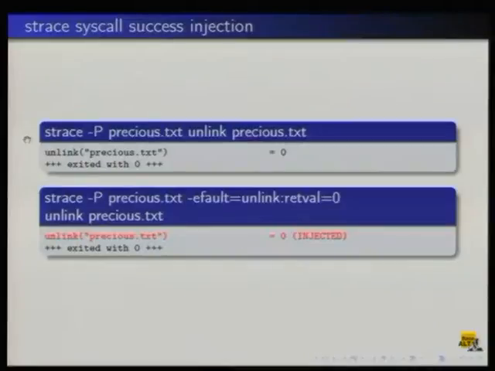Or you can skip syscalls, pretend that they are successfully completed, like substitute an error code with a successful one, or whatever you like. In this example, you pretend that the unlink syscall succeeded and the file was removed, but in reality it's still there, but the tracee has no idea.